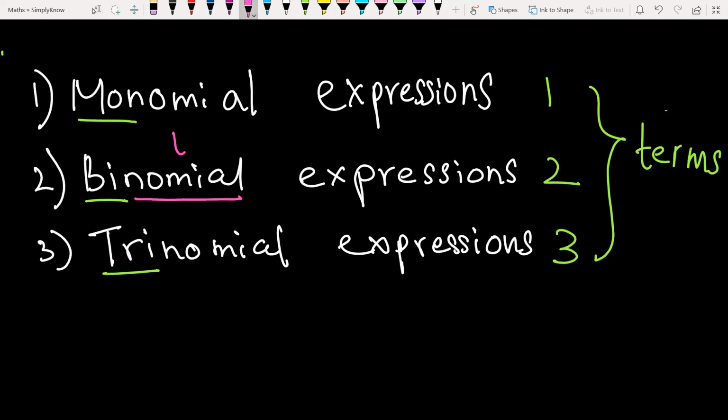Nomial means term. So when there is only one term, we call it monomial expression. When there are 2 terms, we call it binomial expressions. 3 terms means it's a trinomial expression. The terms are the parts of an algebraic expression. Terms can be algebraic terms, also numerical terms.